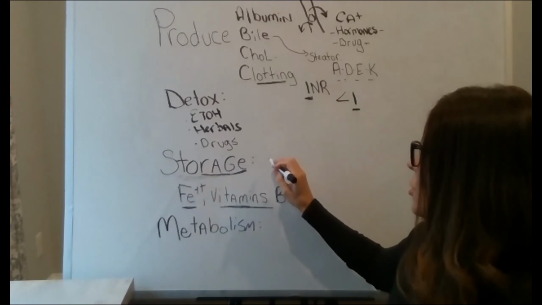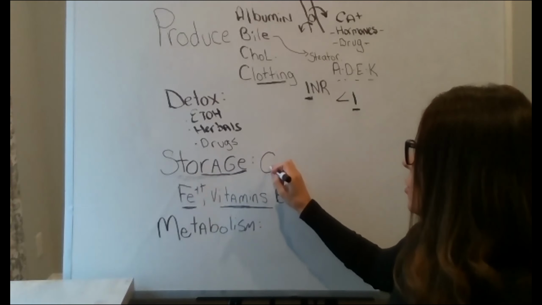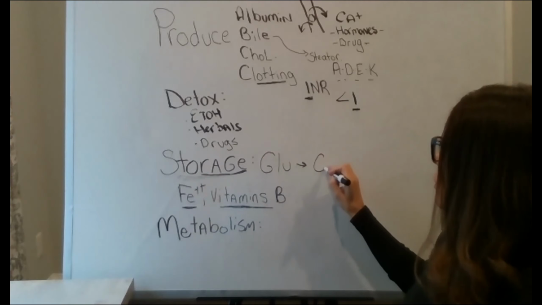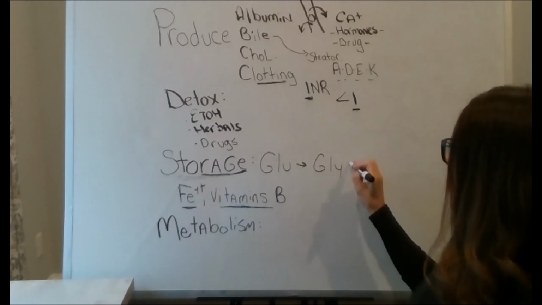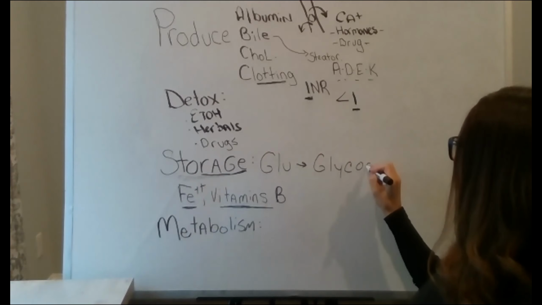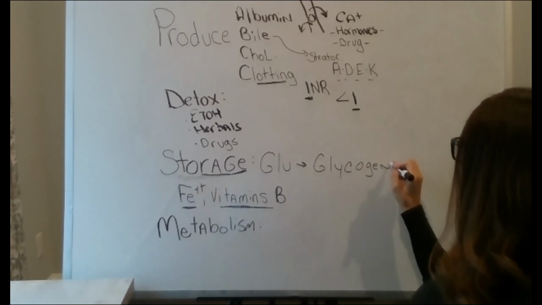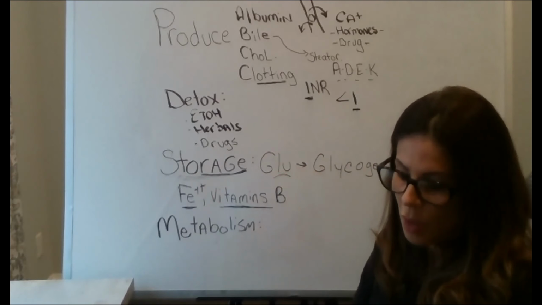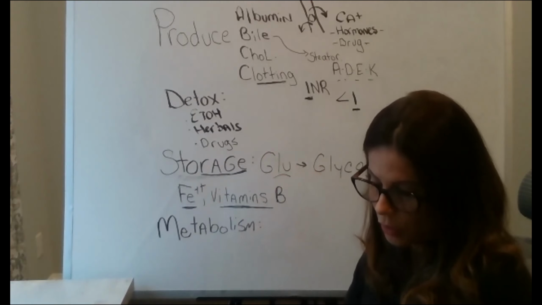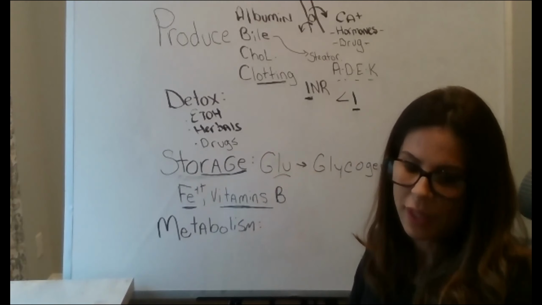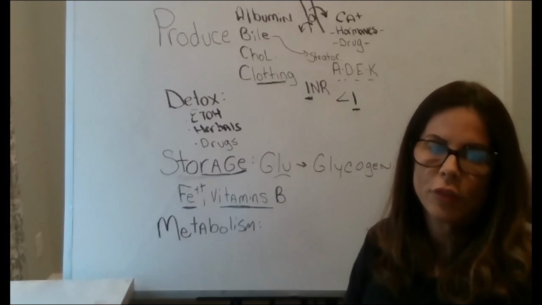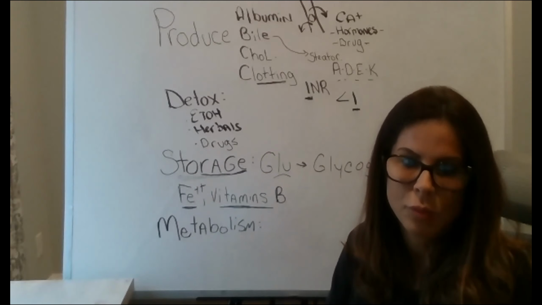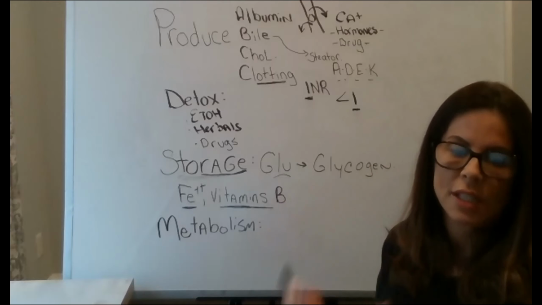It also stores glucose in the form of glycogen. So this is a great function of the liver because you think about when you're out exercising or doing anything, if you use up all of the energy from the food that you just ate, the liver can break down some more glucose because it stores it as glycogen.